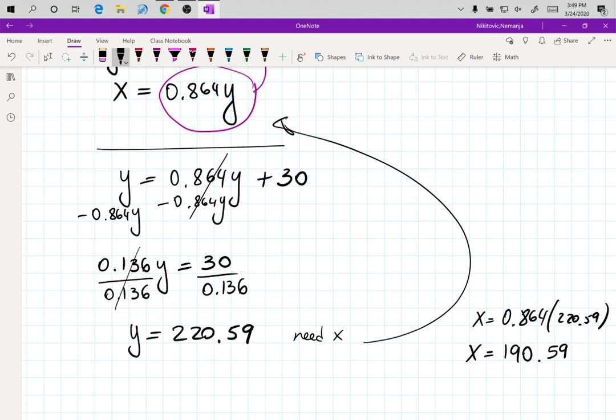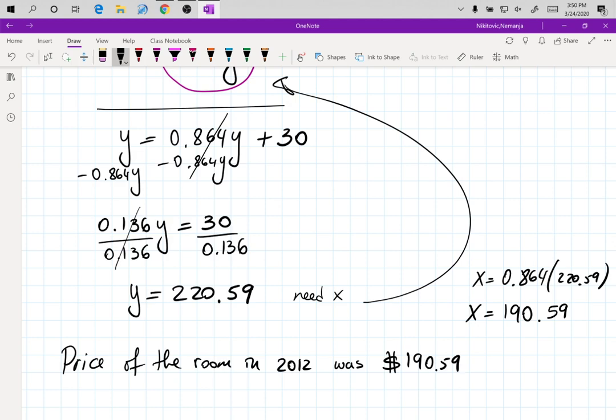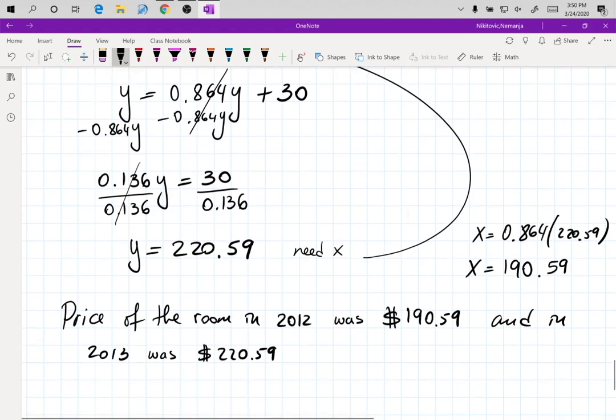As I mentioned in class, you are supposed to provide a sentence answer for every word problem. So we're going to say the price of the room in 2012 was $190.59, and in 2013 was $220.59.